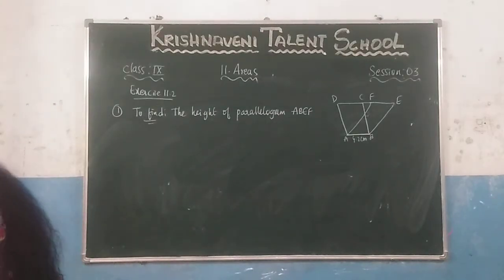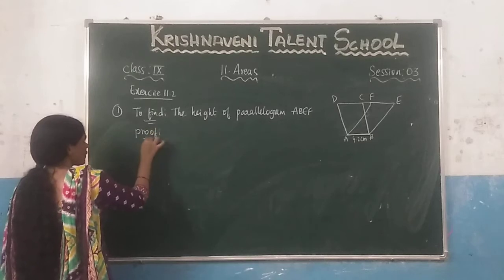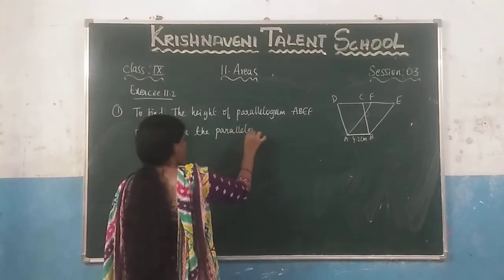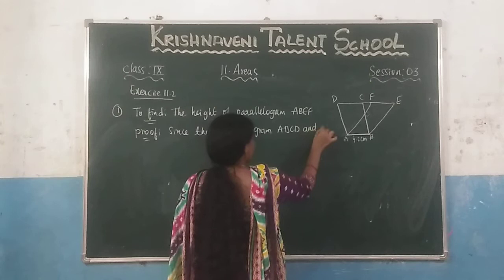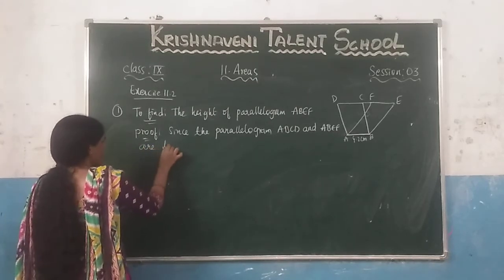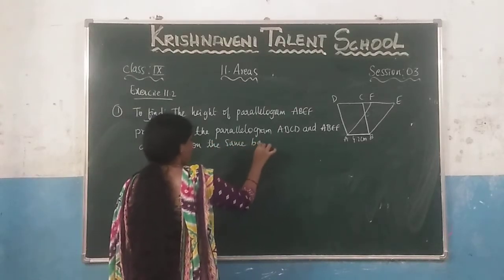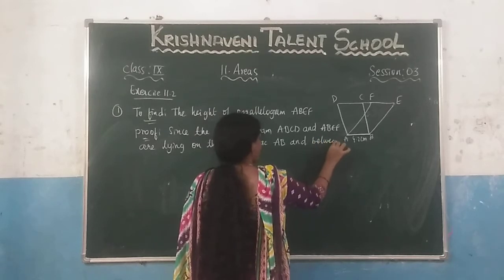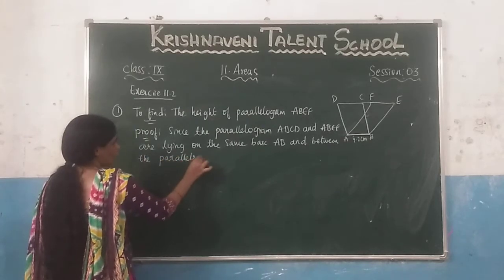So let us see here. Based on the theorem, you can write it here: since the parallelograms ABCD and ABEF are lying on the same base, what is that base, which is AB, and between the parallels, what are those parallels?